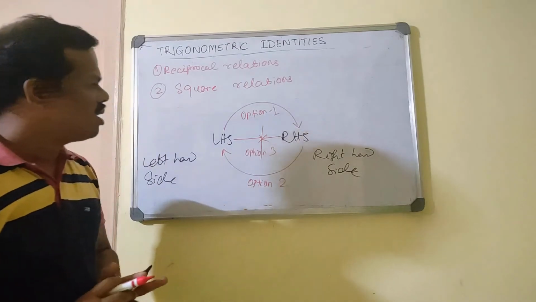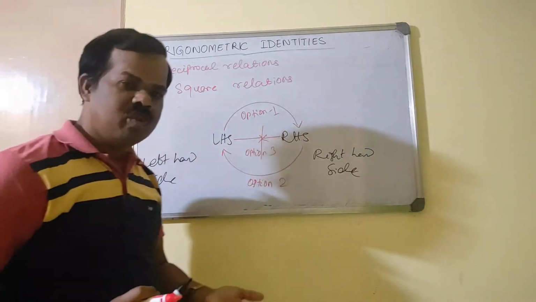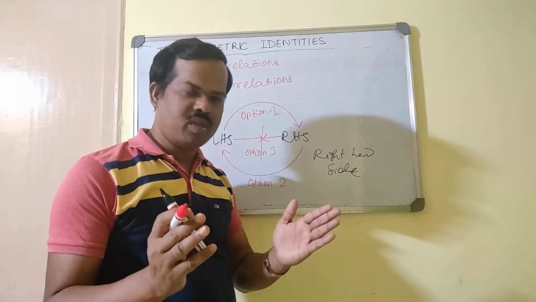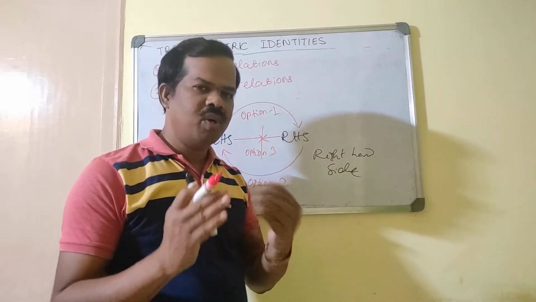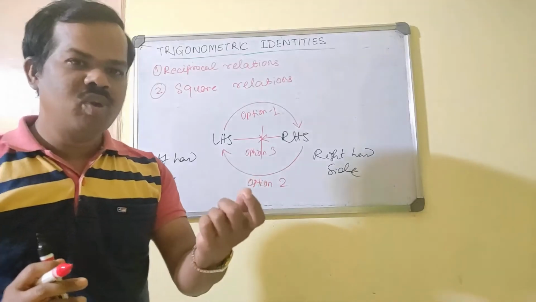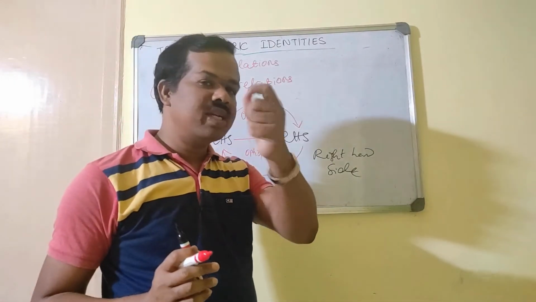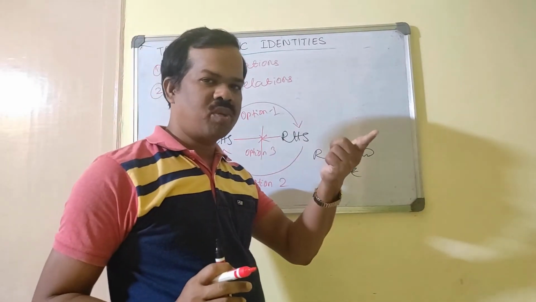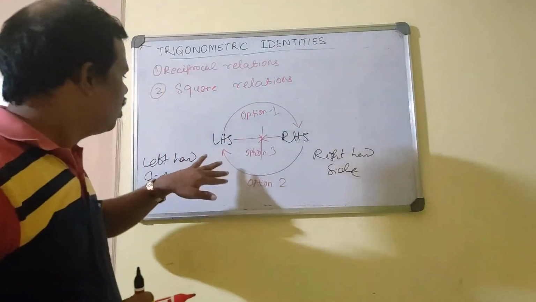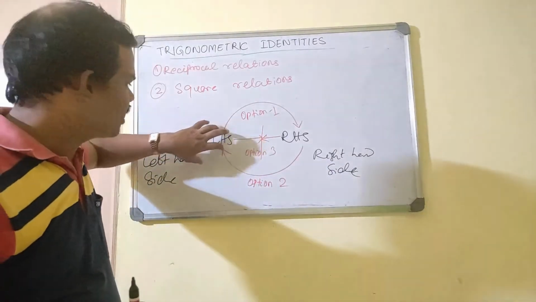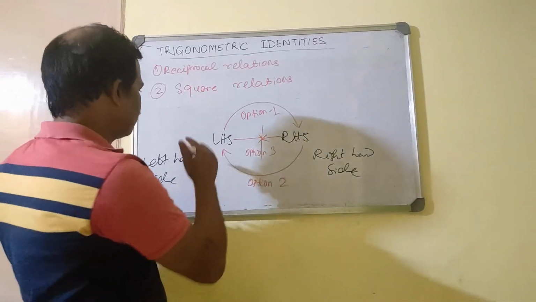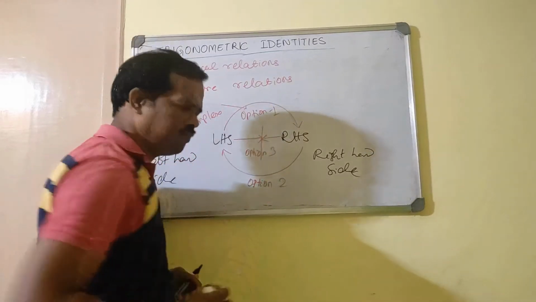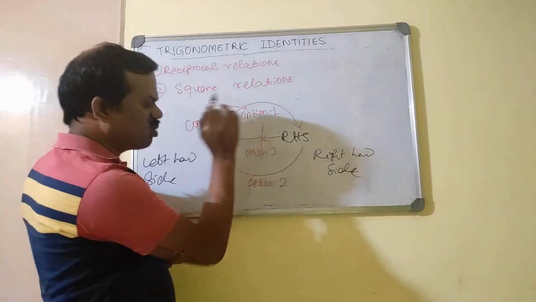Now the question comes: how do you know which option to use? Because you are time compressed. In your exams you will hardly be given much time to think. I'm going to give you a trick that will be helpful in deciding which option you should choose. Depending upon the complexity, you choose your option. How? If your LHS is more complex, then use option 1.